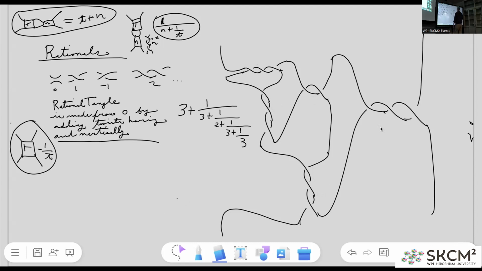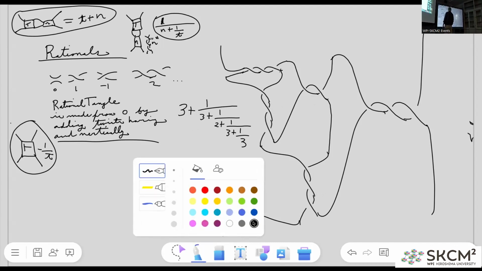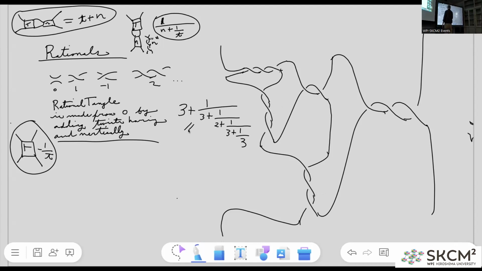And then we can try the other method that I showed you about coloring. But let's do the calculation here. So I haven't done it. Hopefully all the arithmetic is going to work out. So this is 3 plus 1 over 3 plus 1 over 2 plus, now 3 divided by 3 1/3 is 1 divided by 3 1/3 is 3 divided by 10.